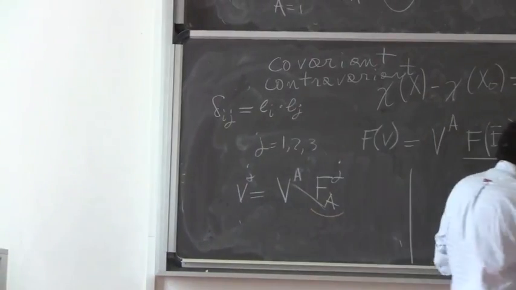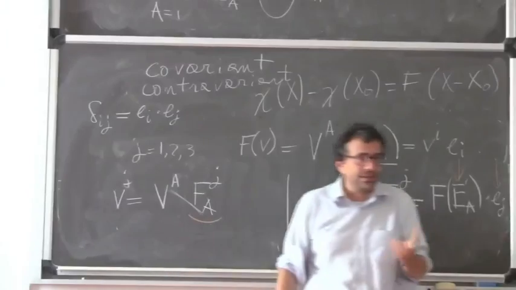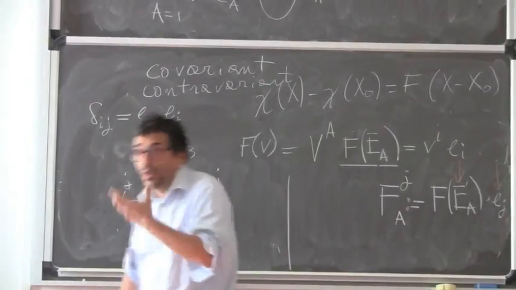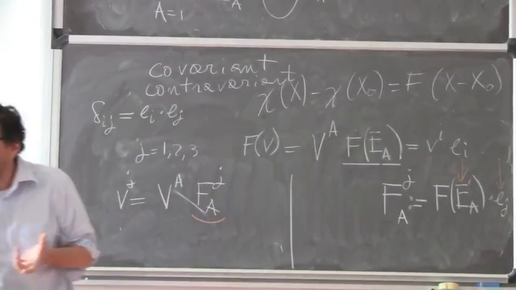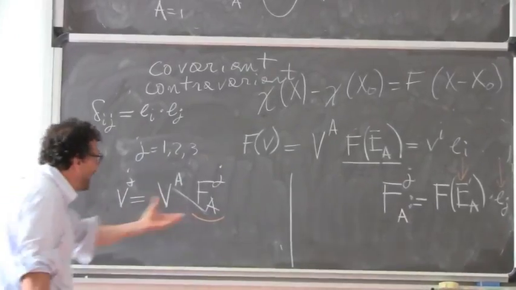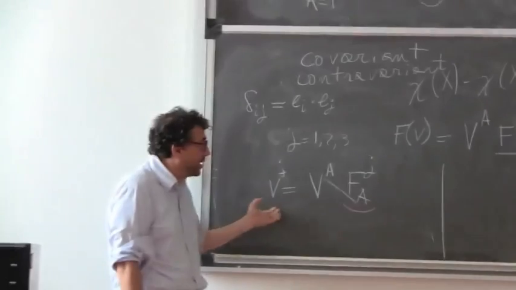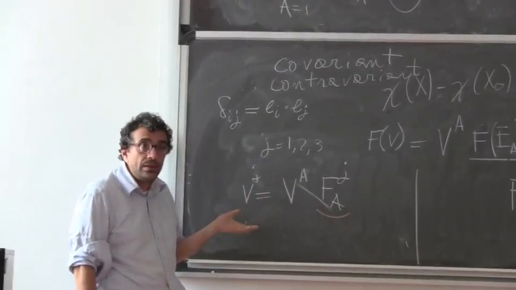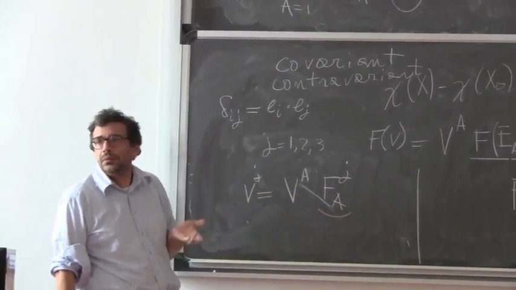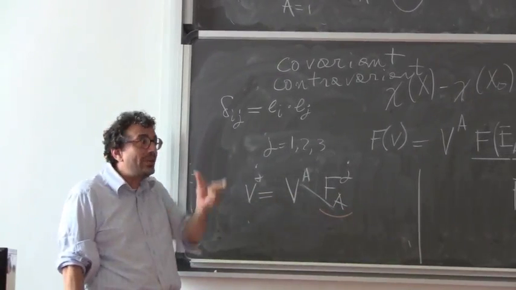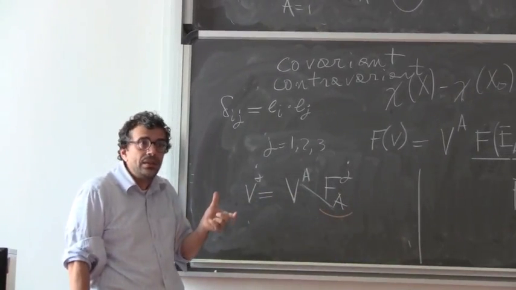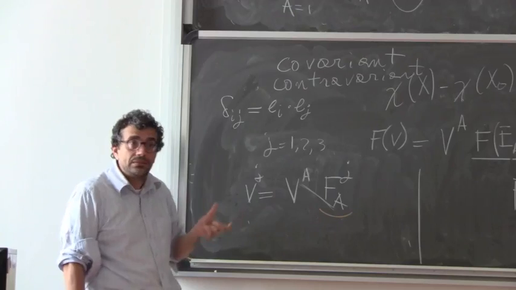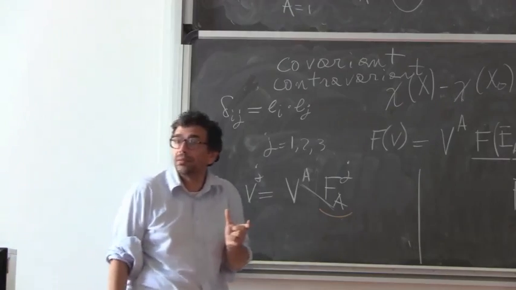Laws of physics are independent of the observer. So if you write the law of physics in terms of components, you are blind, because you cannot easily express the Galilean invariance.